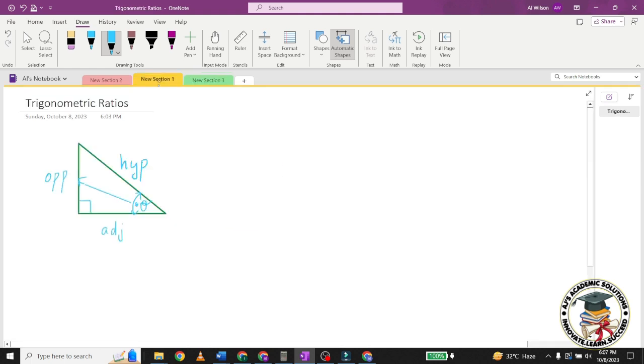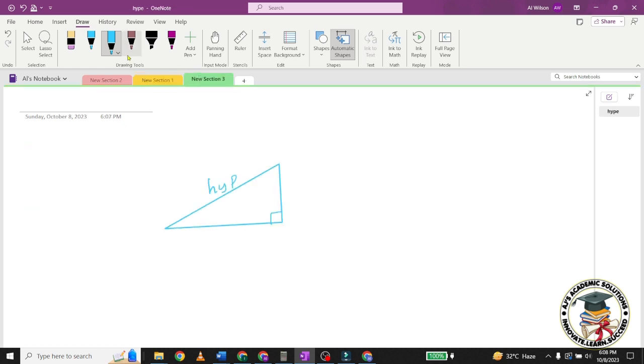So if you look here, let me rephrase that to be better. Here is where the angle is located. Therefore, the side that is opposite the angle, which we have here, is what we call our opposite.